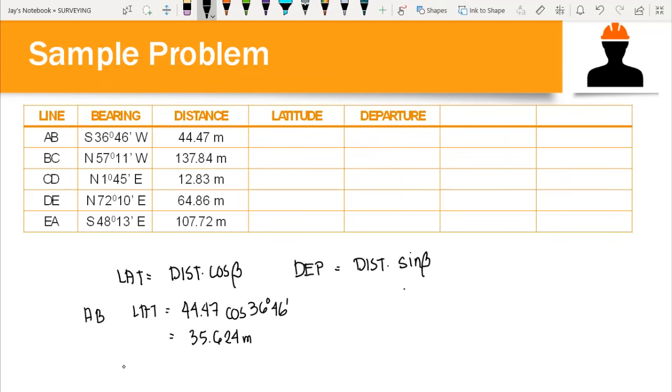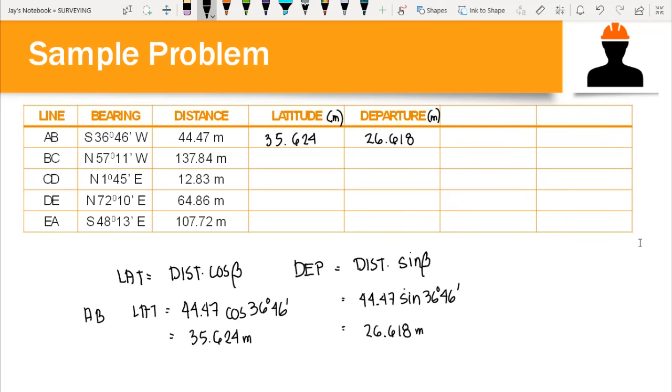For departure, we have 44.47 sine of 36 degrees 46 minutes, so we have 26.618 meters. Okay, so we write that on our table. Latitude here is 35.624 meters, and our departure here is 26.618 meters.